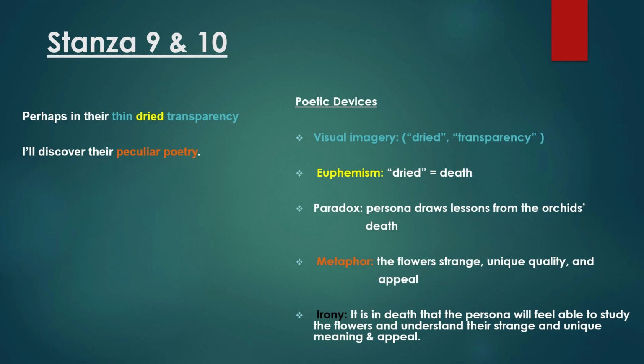Literally, it means after the orchid, after having been plucked, after they would have turned brown, okay, after they would have died. This is an example of a euphemism, okay? A euphemism is a word or phrase used instead of a harsh, impolite, or unpleasant word, okay? So, for example, when somebody dies, you don't say, oh, I heard that your father died.